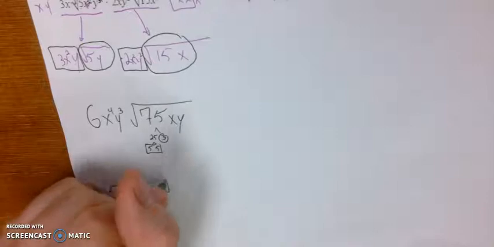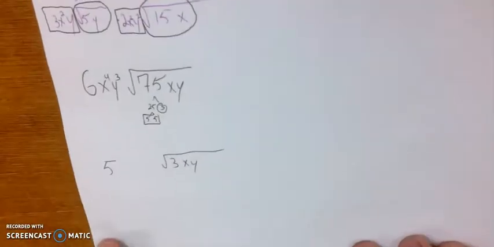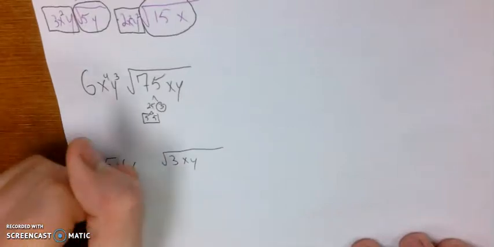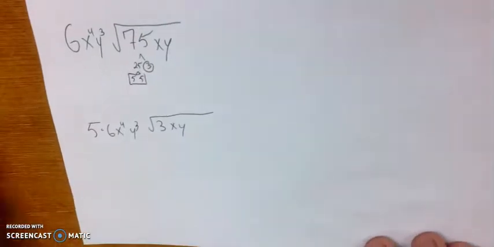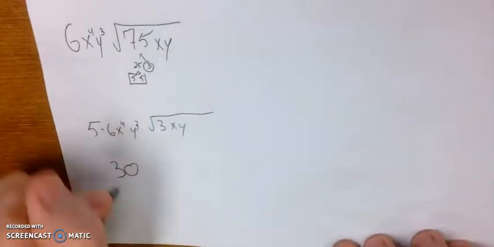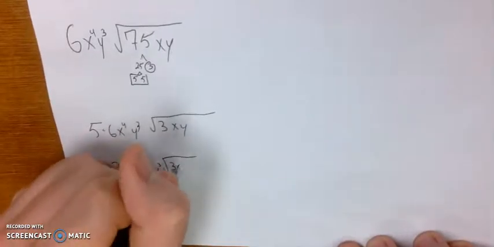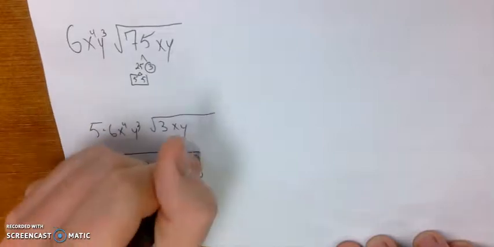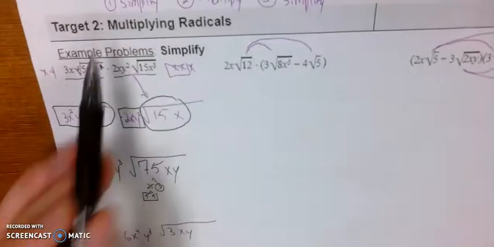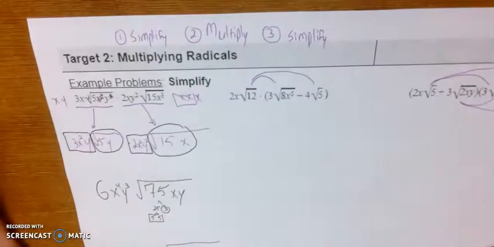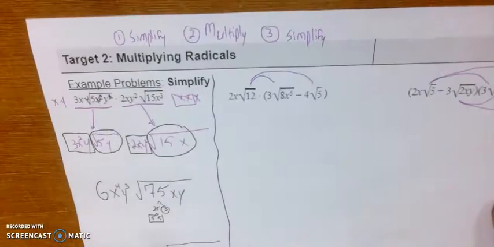And then I have a 3 left over inside with the x and the y. And we still have this 6x to the 4th, y to the 3rd hanging out there. So if I wanted to make this pretty, 5 times 6, that'd be 30. X to the 4th, y to the 3rd, rad 3xy. So again, it's a little tedious to simplify first and then multiply and then have to simplify again. But like I said, it does help shrink our numbers down.